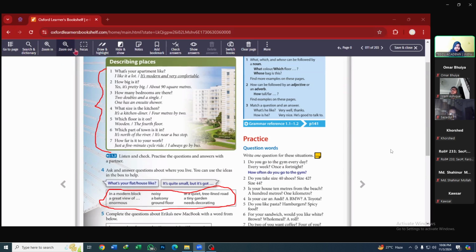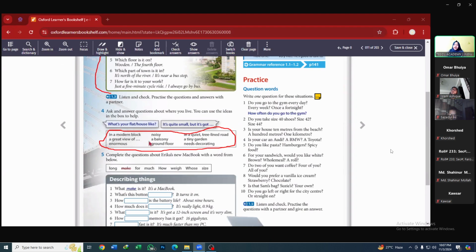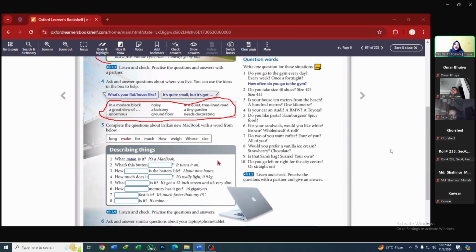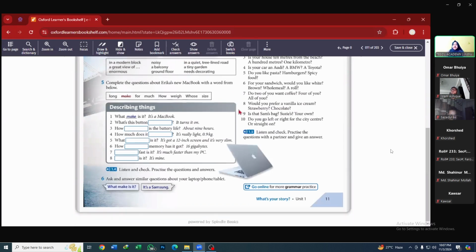Moving on, we can move on to our next activity where up until now we described people, we described places. Now we can describe things, right? So our next activity is about describing things. Here, what we are going to talk about is Erica's new MacBook.